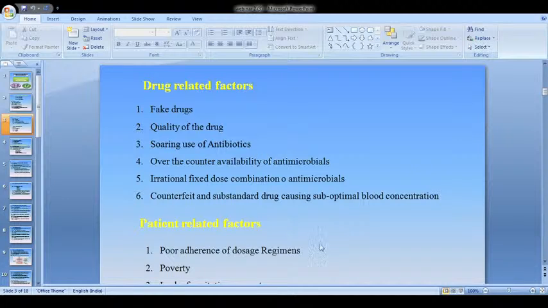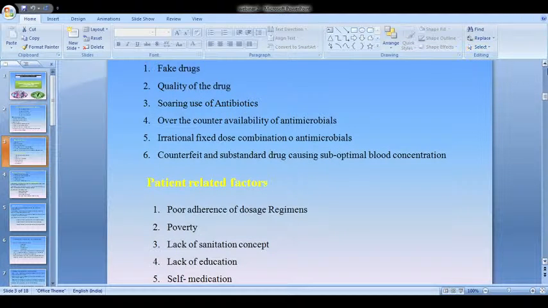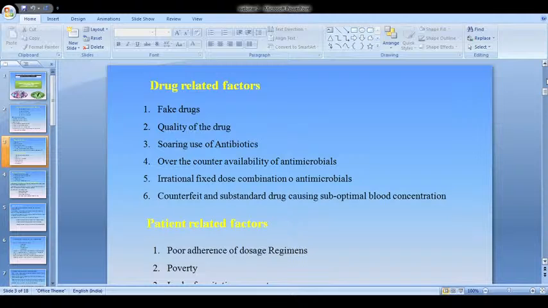Also, substandard drugs cause suboptimal blood concentration. So these are the drug-related factors which affect antimicrobial resistance.